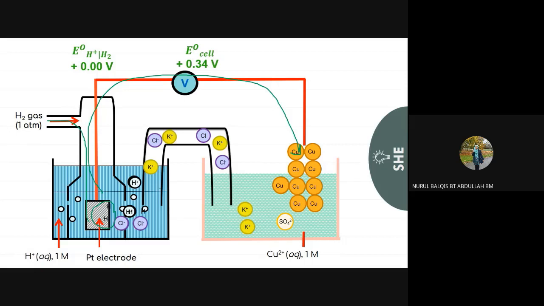Bacaan on the voltmeter is positive 0.34 volt. And we want to find the electric potential of copper. Then we are going to use the formula of apa? Apa formula yang kita nak guna tadi? E naught cell equal to E naught cathode minus E naught anode. Who is going to be your E naught cathode? Copper or SHE?